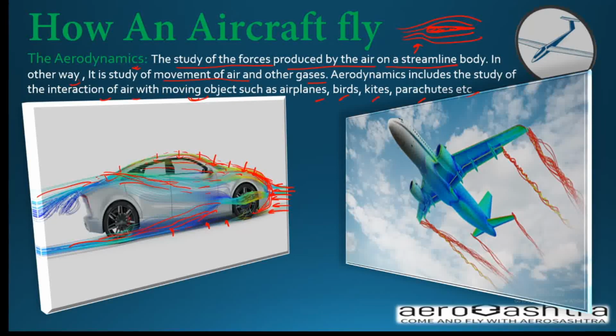Here on the right side you can see the aerodynamic pressures. This is also a CFD simulated picture. Here you can see the air pressure areas, and these are the vortices.